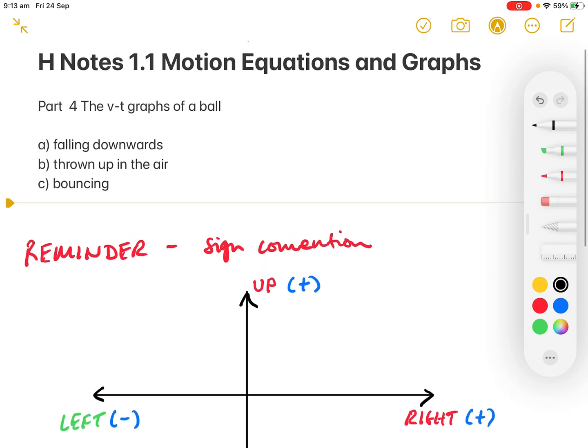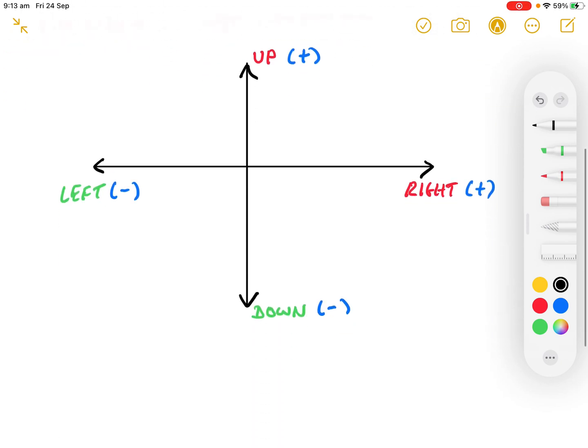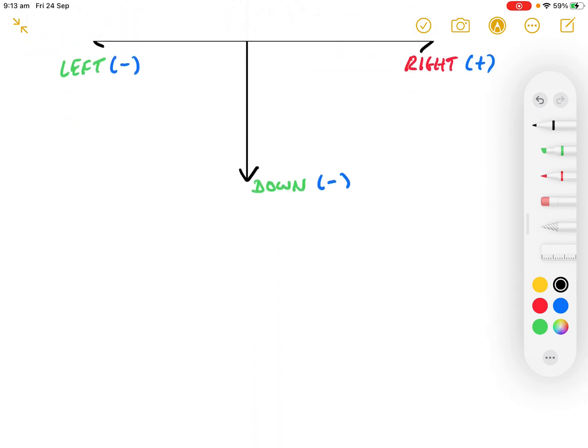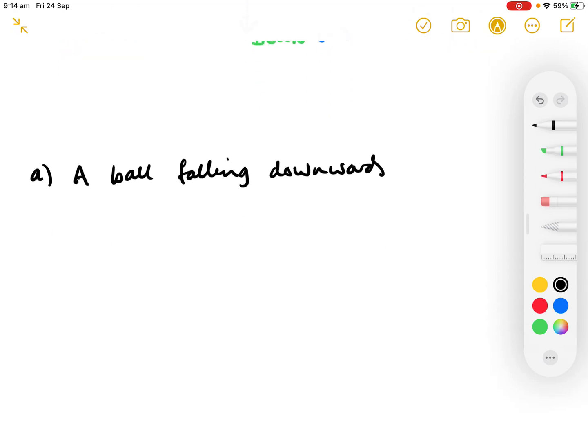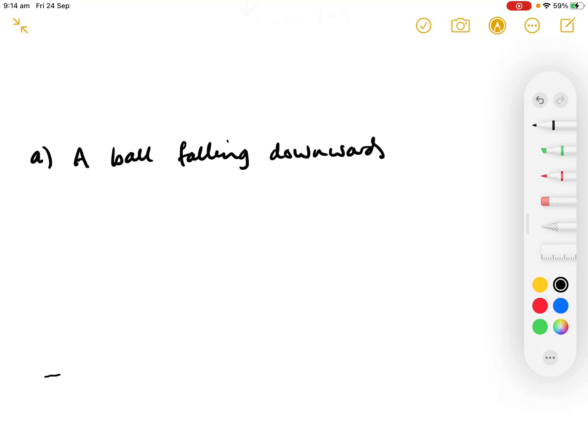So let's now look at part A, the ball falling downwards. So I'll give you the situation diagram.